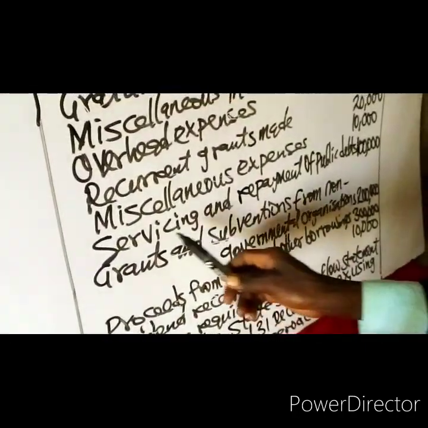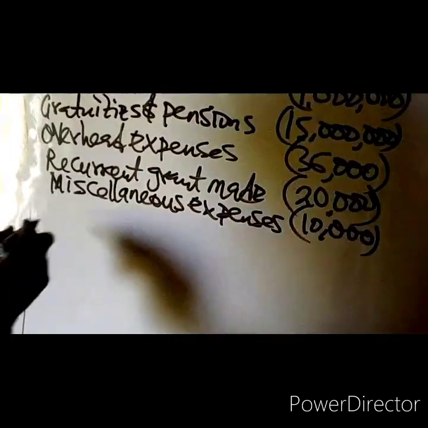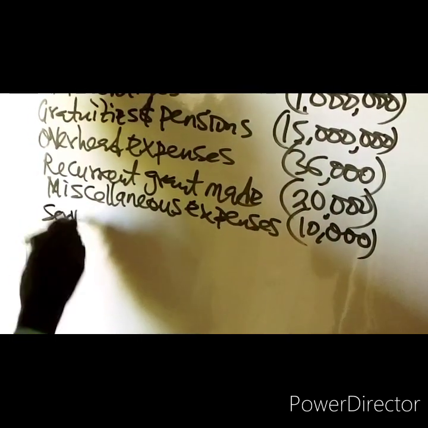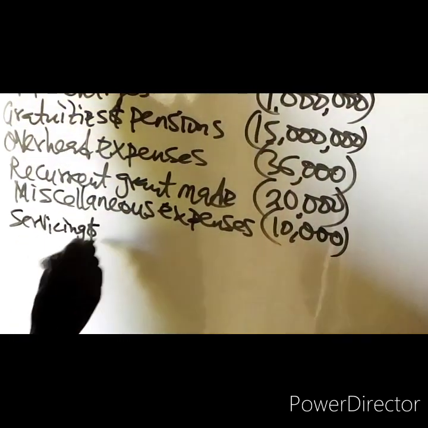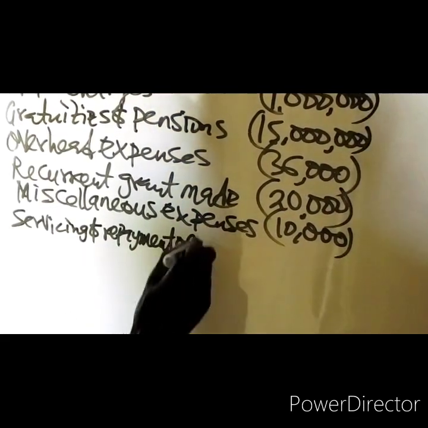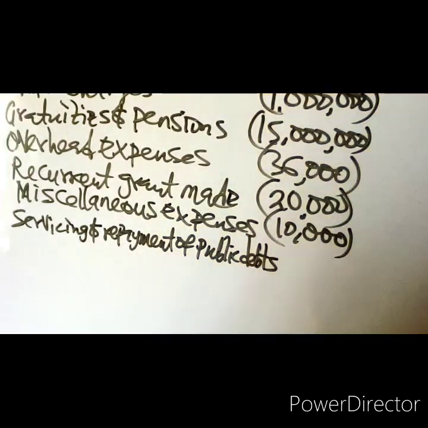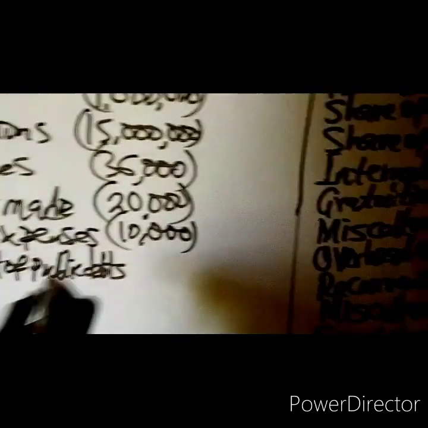Then we have servicing and repayment of public debts, and that is 100,000. Servicing and repayment of public debt is 100,000.